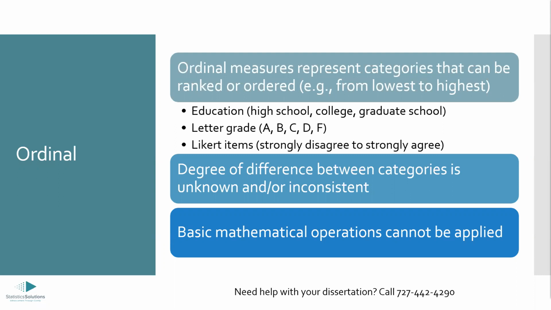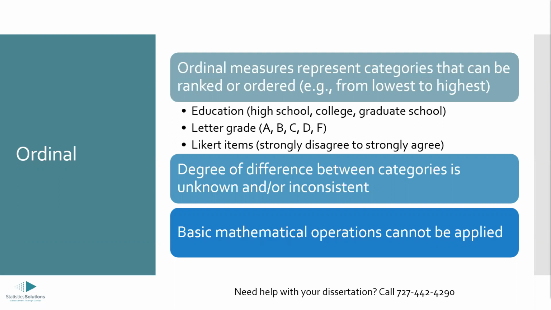If we take our 3 categories for education, high school, college, and graduate school, we know that we can put these in order. We know that high school is the lowest, the next highest is college, and then the highest is graduate school, but we don't really know what the distance is between high school and college compared to college and graduate school.